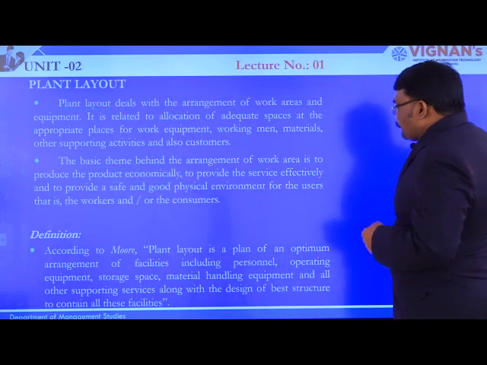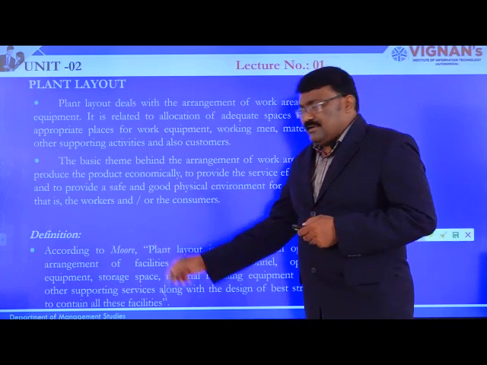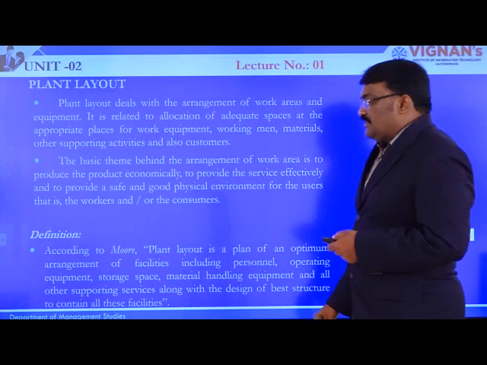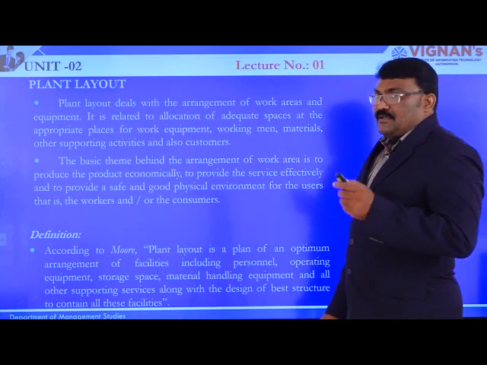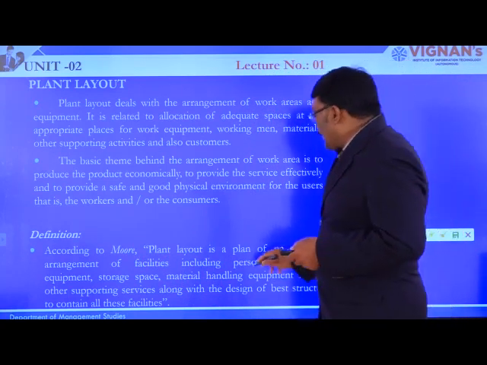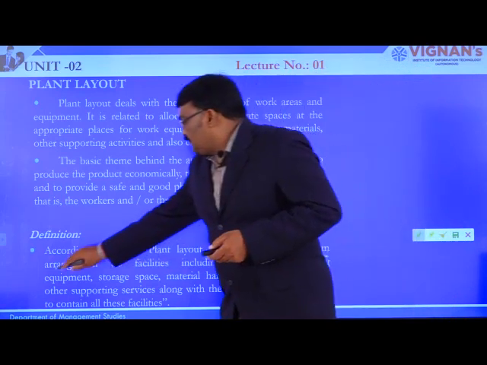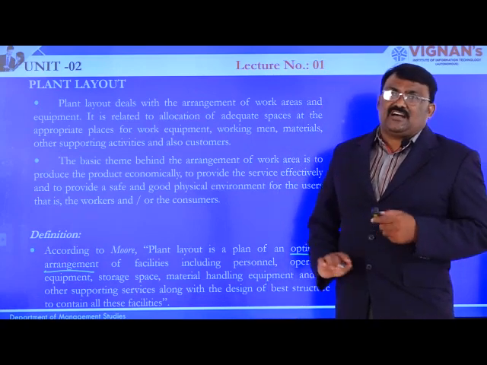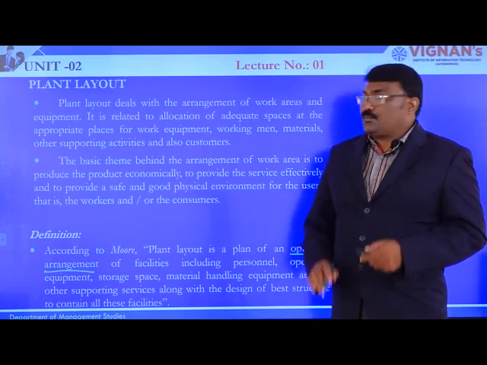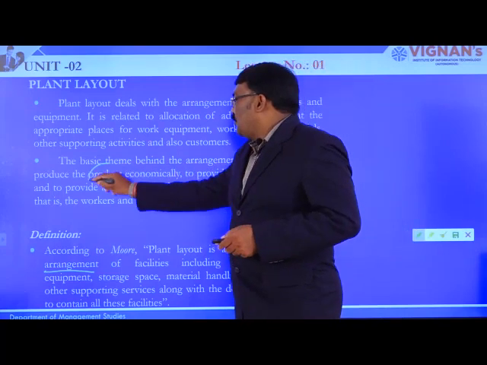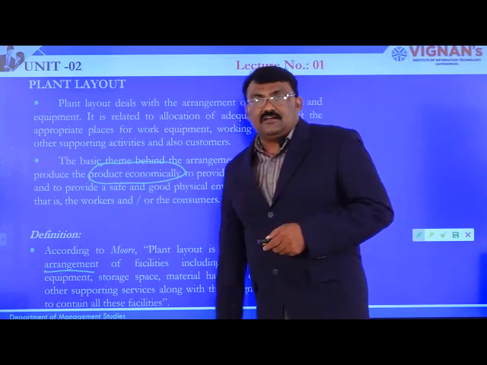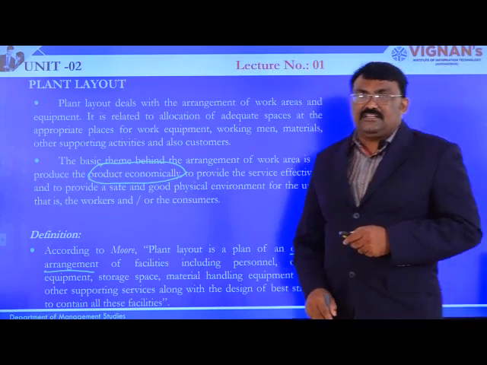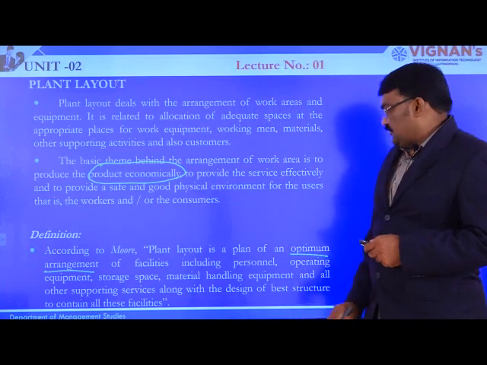Now, coming to the definition given by a renowned author, according to Moody, plant layout is a plan for an optimum arrangement, that is the best arrangement which can be done, which would provide economical product production. That is the identification which we need to do while establishing the plant layout.